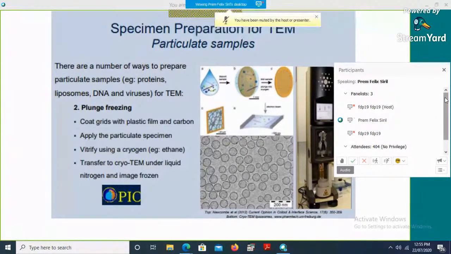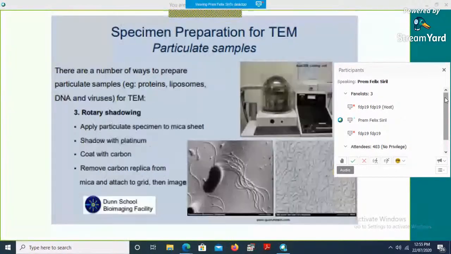The sample has to be first freezed using liquid ethane, and then a lot of further sample processing has to be done before the imaging can be done in TEM. But nevertheless, it's highly useful. I will come to that later.